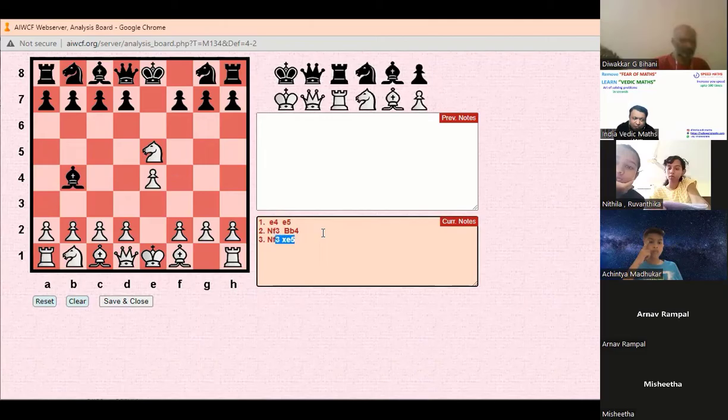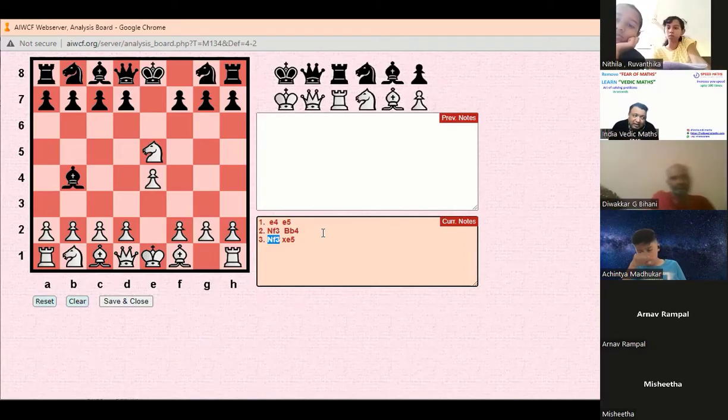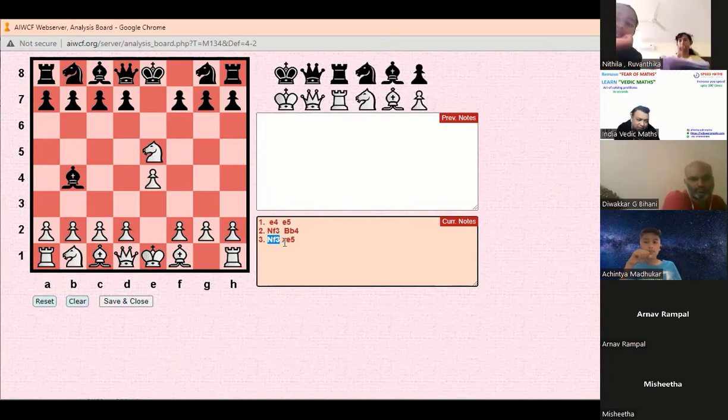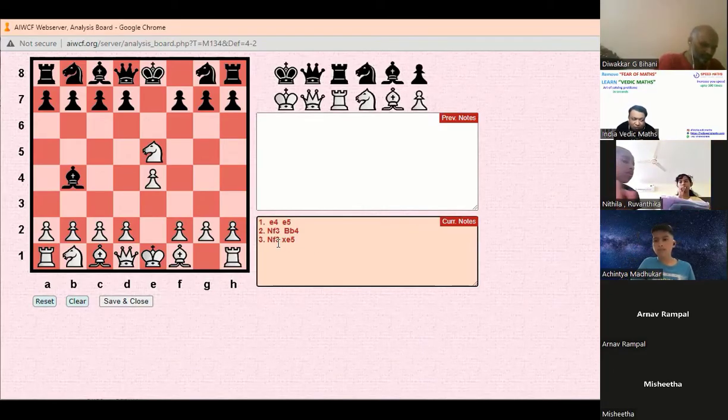This is one move. You can put it like that. What happened is knight F3. Even if you don't write this, it's okay. But if there are multiple pieces capturing, then you will not know. So this cross indicates capture. So white has moved NF3 cross E5.